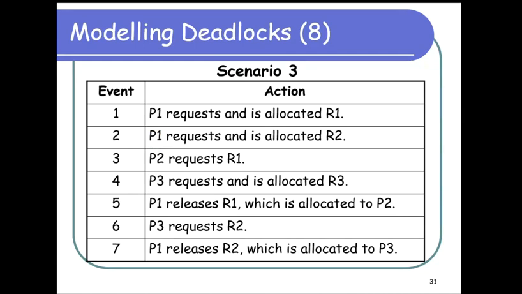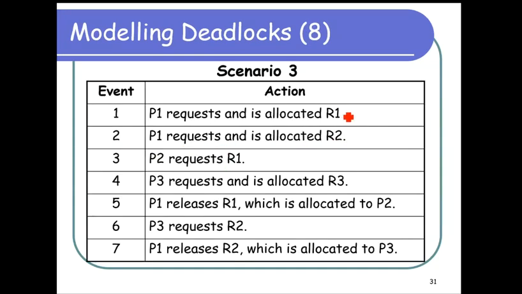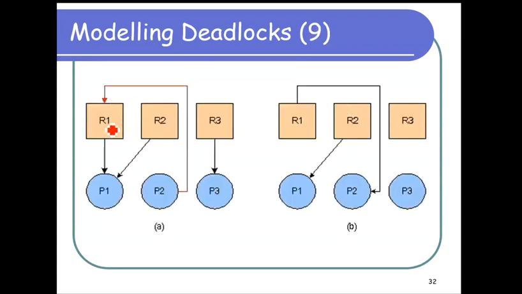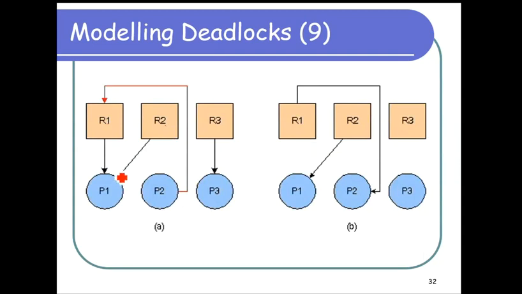Scenario 3. Now P1 requests and is allocated R1, and P1 requests and is allocated R2. P2 requests R1, and P3 requests and is allocated R3. This is better because it needs more action. R1 is currently serving P1, and R2 is also allocated to P1, so resources 1 and 2 are held by P1.